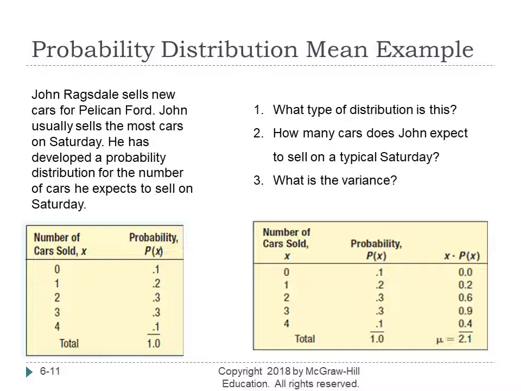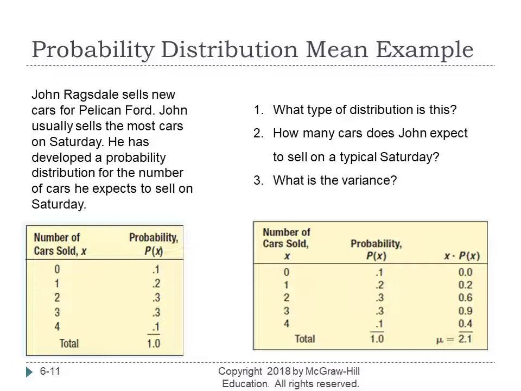For example, 0 times 0.1 is 0, 1 times 0.2 is 0.2, 2 times 0.3 is 0.6, 3 times 0.3 is 0.9, 4 times 0.1 is 0.4. This is just for each row, multiply the value for x times the probability of x. We need to take the sum of values in this column. That will give us the mean. For the mean in this case, mu will be 2.1.